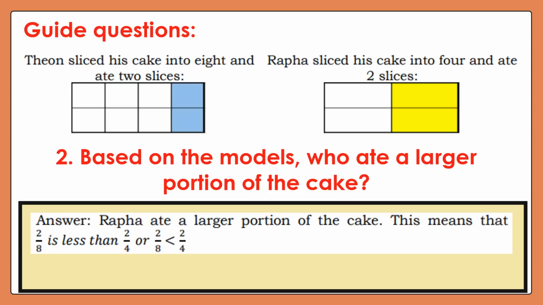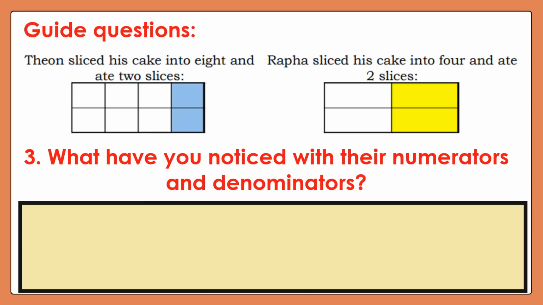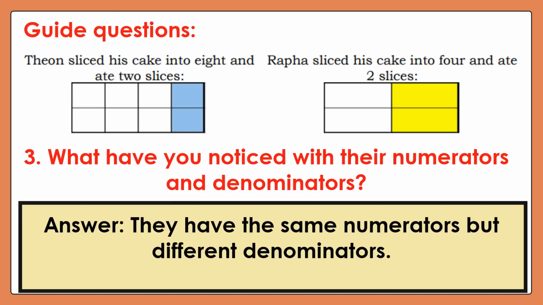This means that 2/8 is less than 2/4. Number 3. What have you noticed with their numerators and denominators? The answer: they have the same numerators but different denominators.